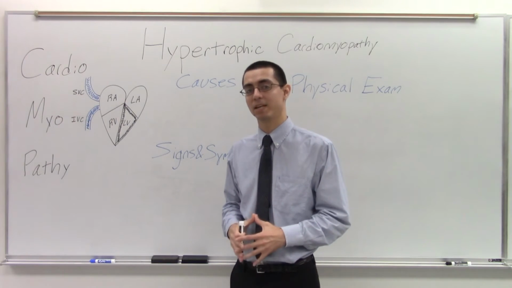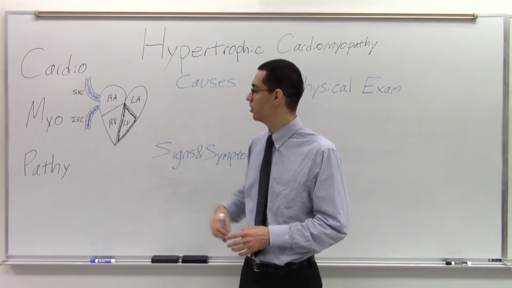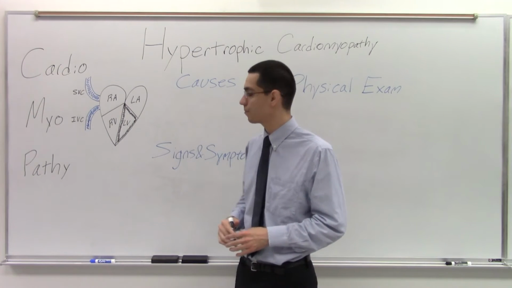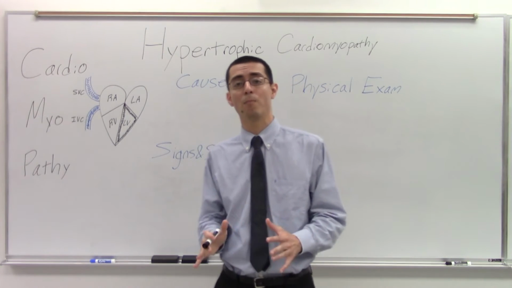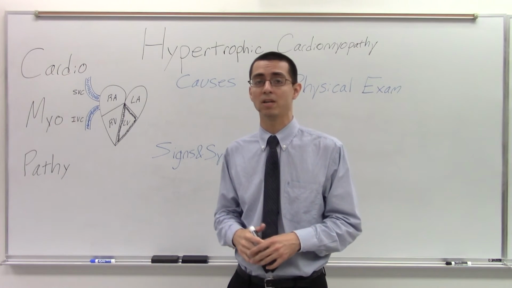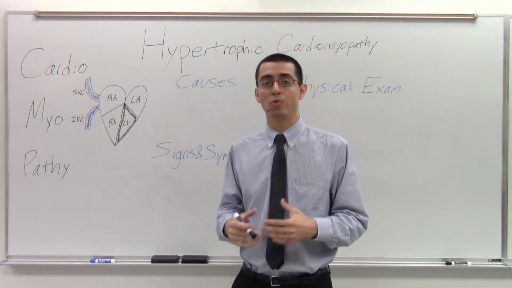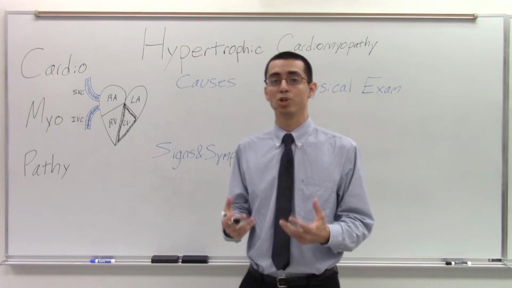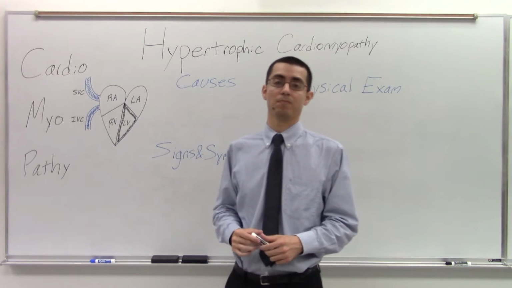Let's throw something else into the picture. Let's throw in valvular stenosis. The heart muscle now needs to deal with a lot more resistance than it normally does. What does the heart muscle do to adapt to a change such as valvular stenosis?